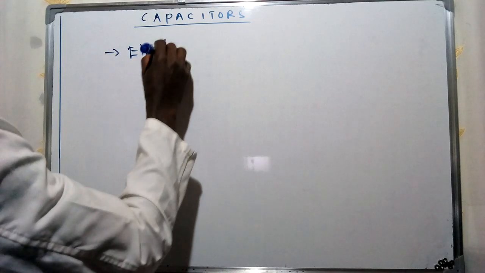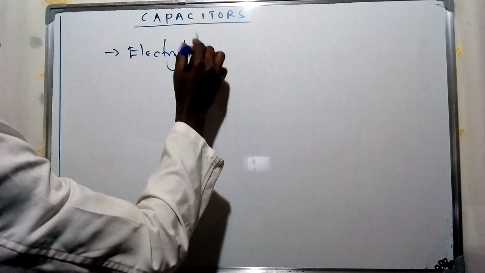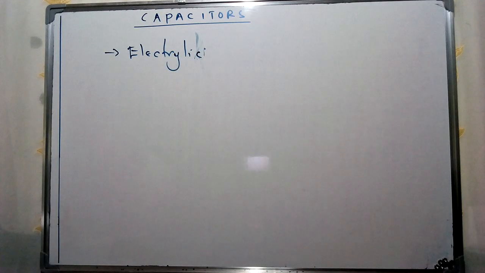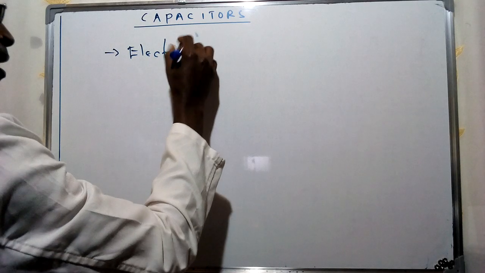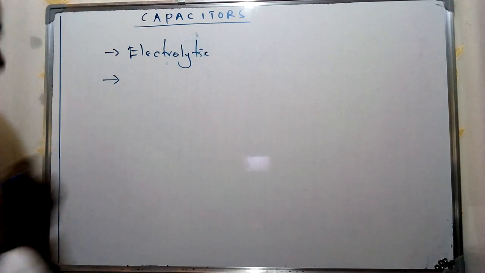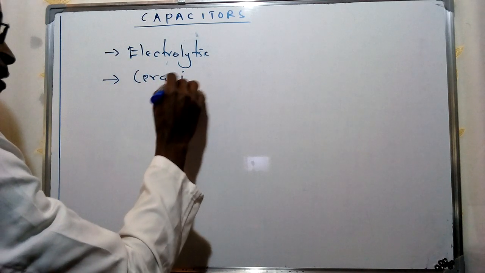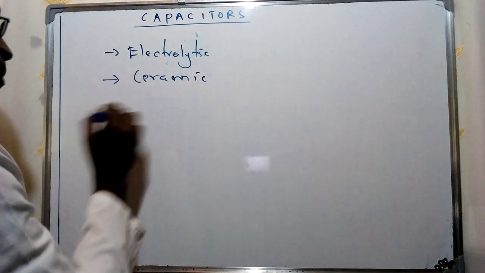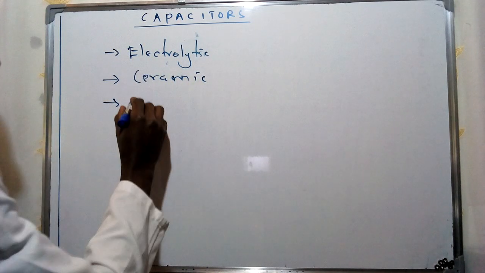Now, the first example we can use is the electrolytic. So we're going to have an electrolytic type of capacitor, and then we are going to look at other examples like the ceramic capacitors, and then other examples like the mica.